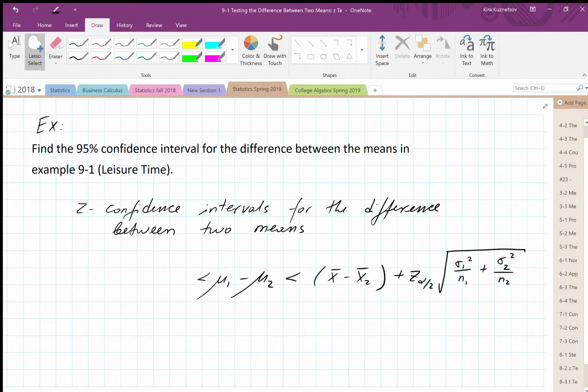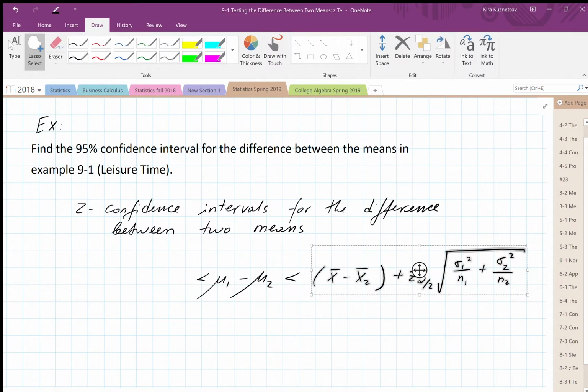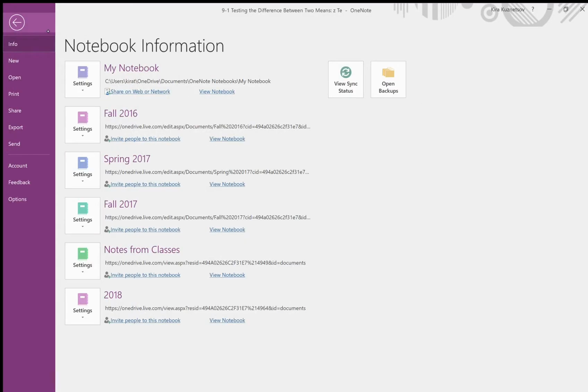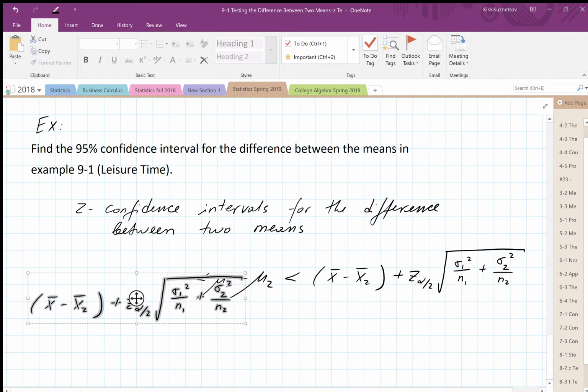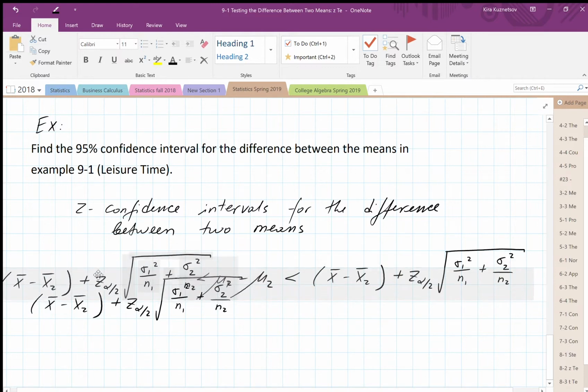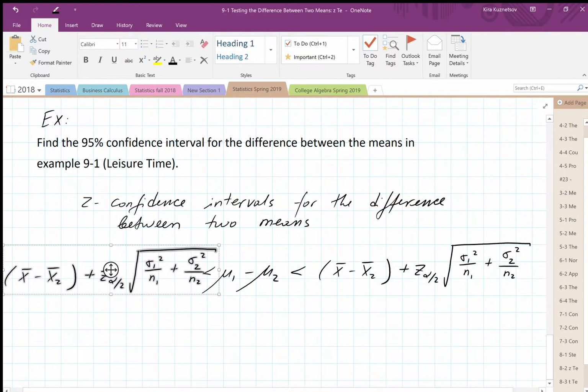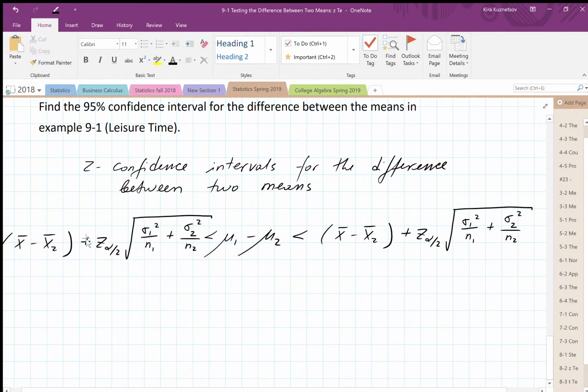And because I have computers, I can copy and paste this, because it's the same thing on the other side, but with a minus sign.